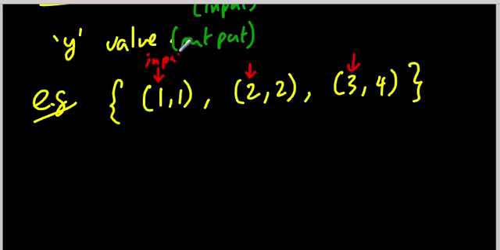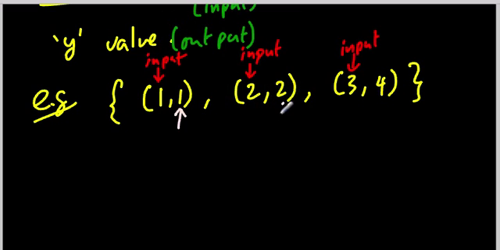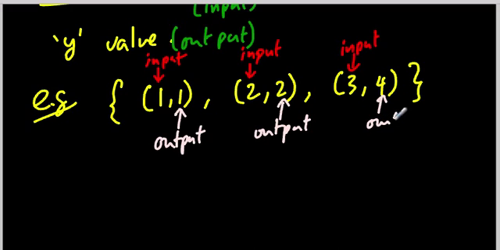This is an input, so is this, and so is this. The x's are the input, whereas the y values are the outputs. So here's an output, here's an output, and here's an output.